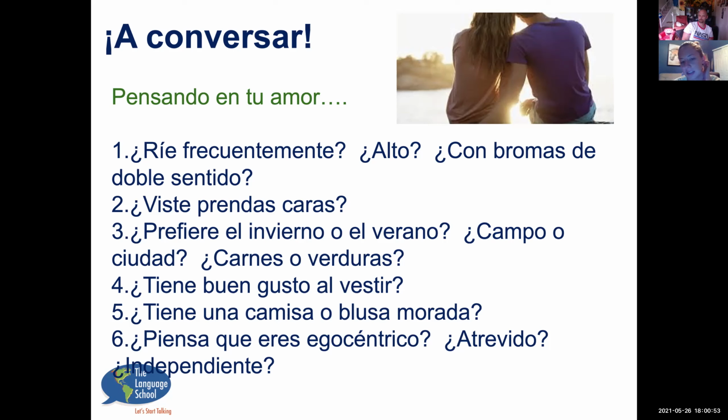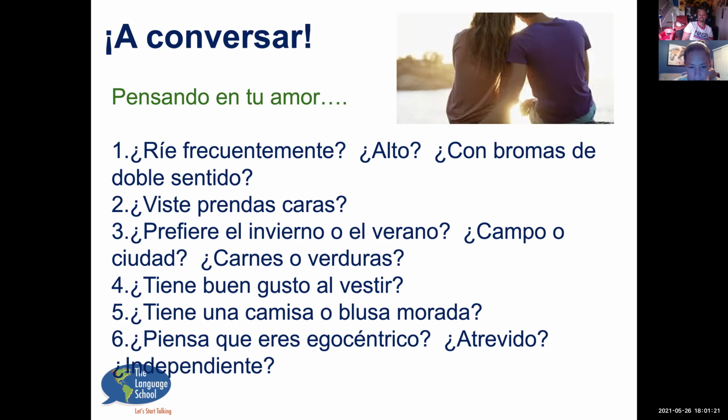Prefiere las carnes. ¿Tiene buen gusto al vestir? Sí, tiene buen gusto al vestir. ¿Tiene una camisa o blusa morada? Tiene una camisa.